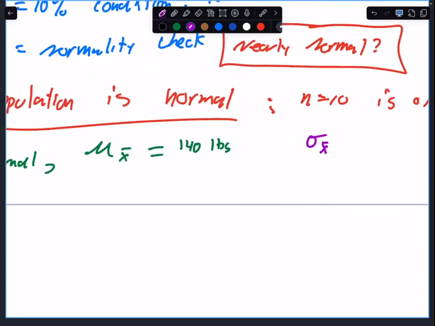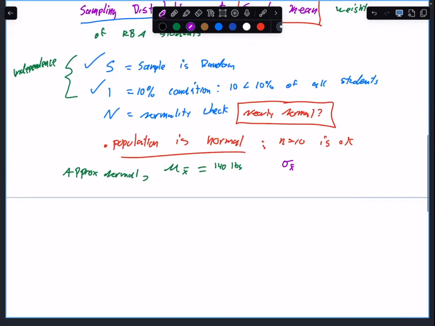Notice I use that little subscript, and you're going to see that within the Desmos today. The standard deviation of the population was 20, but ours is not 20. We've got to do a little bit of math to it.